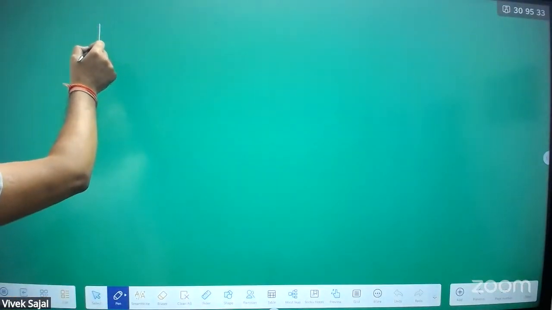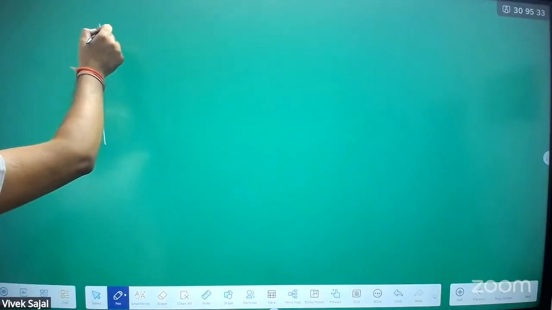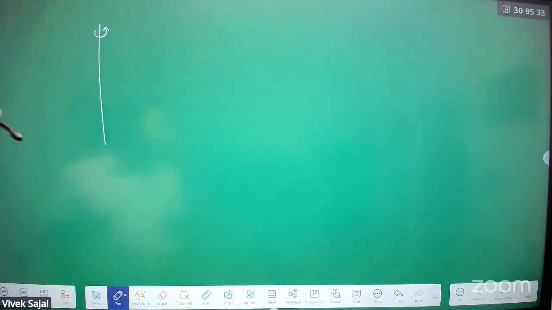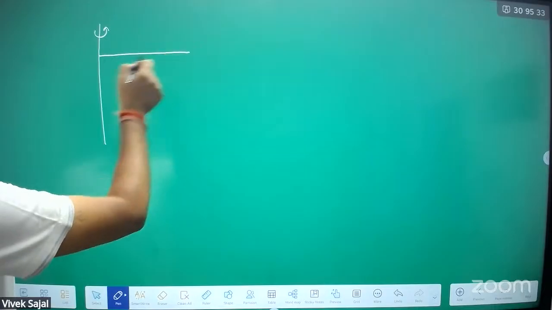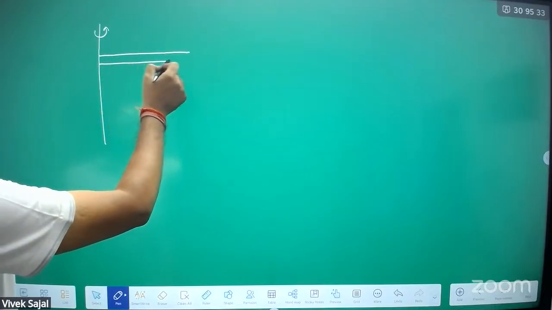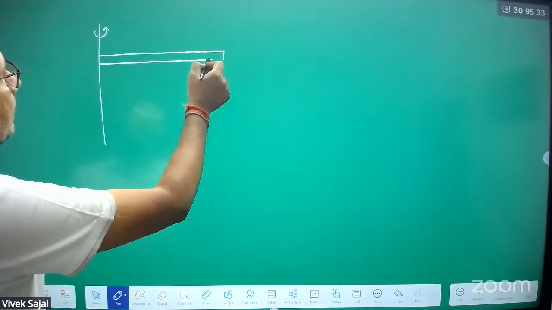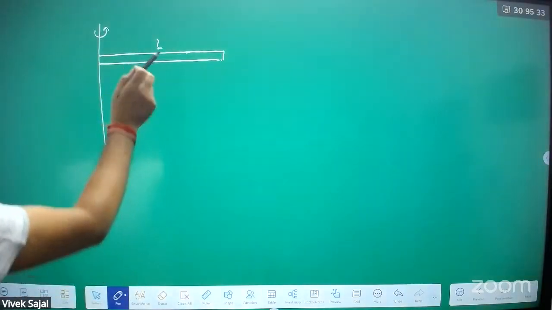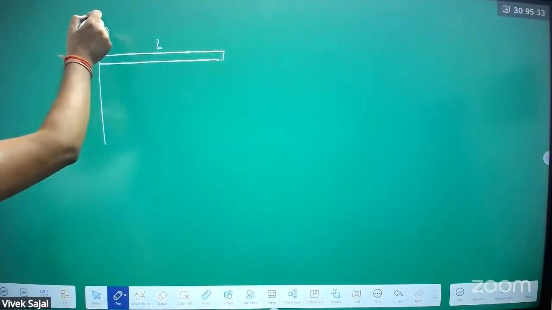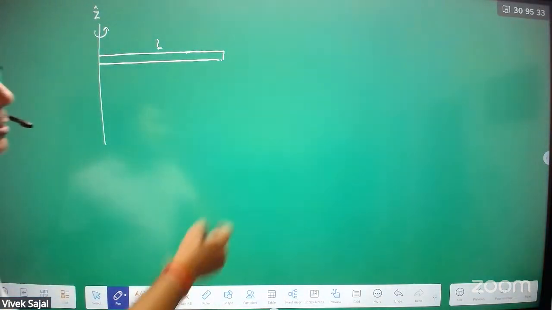Now, suppose this is the axis of rotation, and I have a rod of length L. What is its length? L. And we are rotating this rod about this axis, the Z axis. Then what will be the moment of inertia?